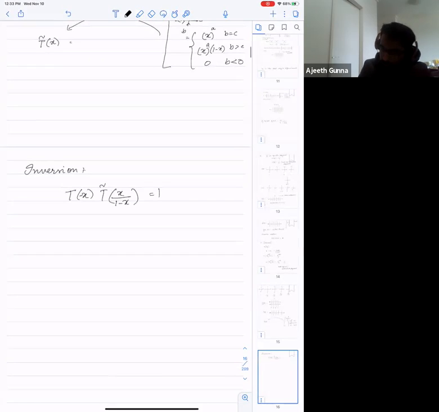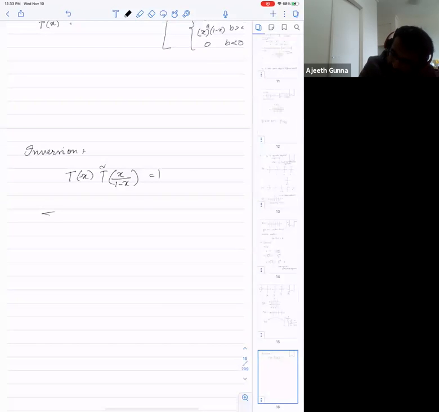Okay, so what are the Cauchy identities? You can prove the following Cauchy identities. If you take G lambda, of course they are dual, so they have to satisfy this Cauchy identity.